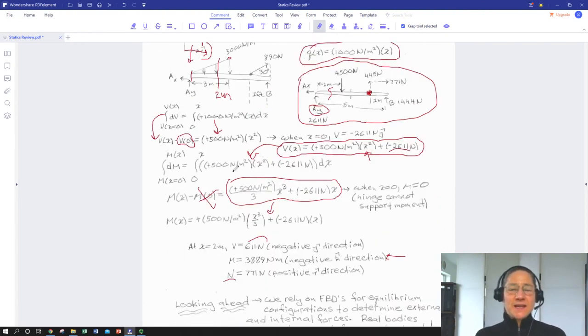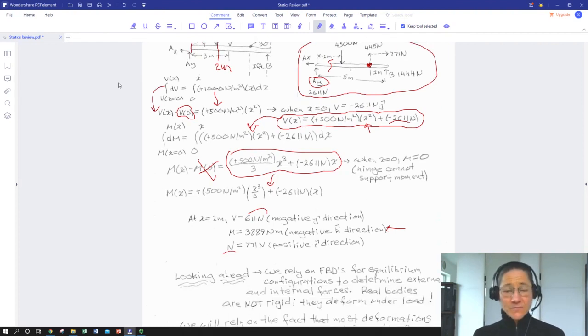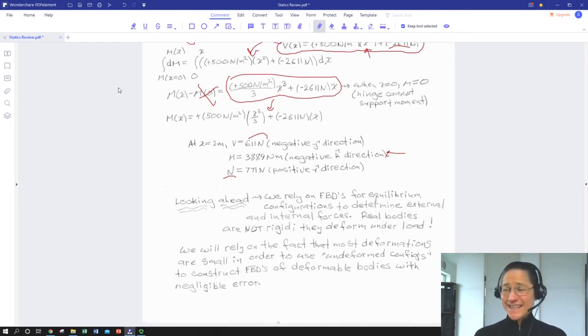So that's a quick and dirty review of shear, bending, and axial forces in a beam, going back to review our relationship between distributed loads, shear, and bending moment on any cut edge or cut end exposed as we go along a beam. We will definitely be going back to that when we turn our attention to beams, and then leveraging this to move forward and look at things like deflection.